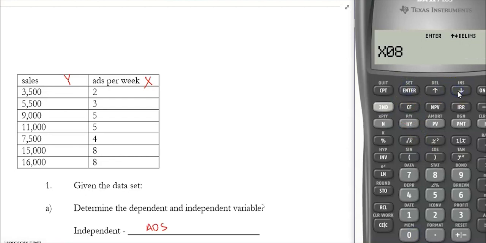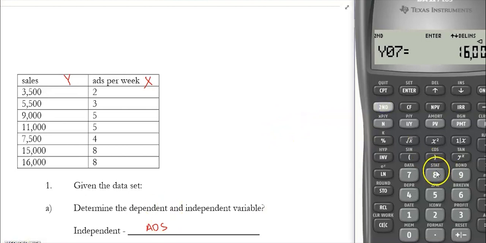Okay, and now that I have my data set, I'm going to start from scratch and go down and make sure everything's correct. And it looks good.